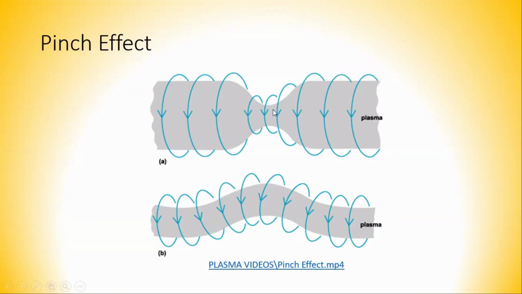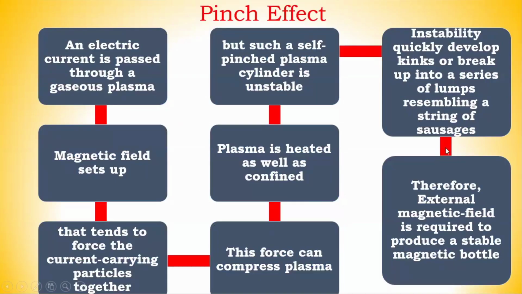Due to the internal magnetic field, a magnetic force, the plasma cylinder gets necked. Sometimes you will get a kind of hump in the plasma cylinder, due to which the cylinder will blast, right? So this effect of necking we call the pinch effect. This pinch effect is not desirable. So let us see what this pinch effect is.